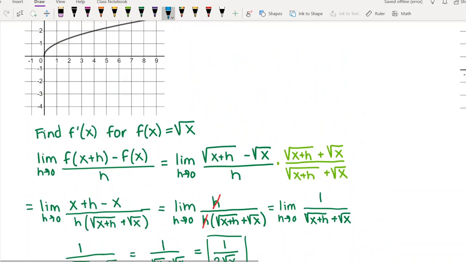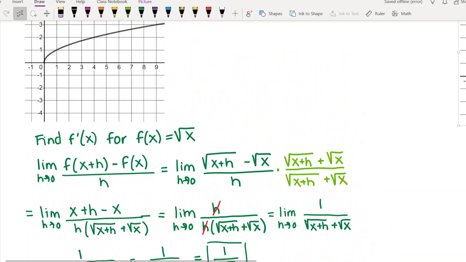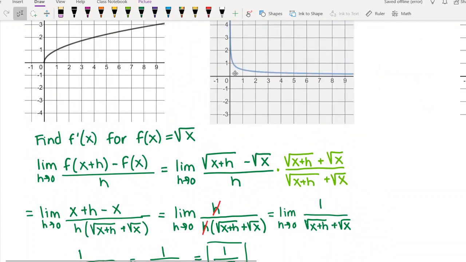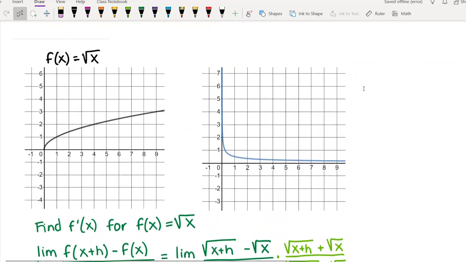So let's look at the graph of the derivative. This is not really one I would expect you to know what it looks like, but this is what it looks like. This is the graph of f prime of x is equal to 1 over 2 root x. I want to point out a couple of things.